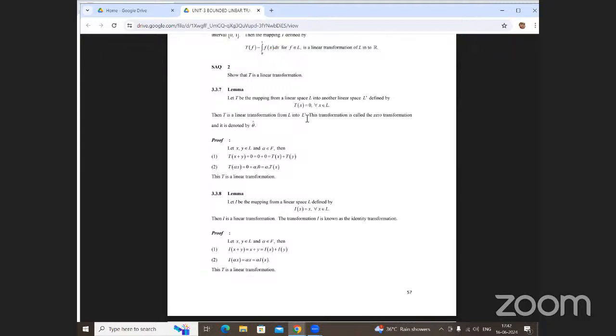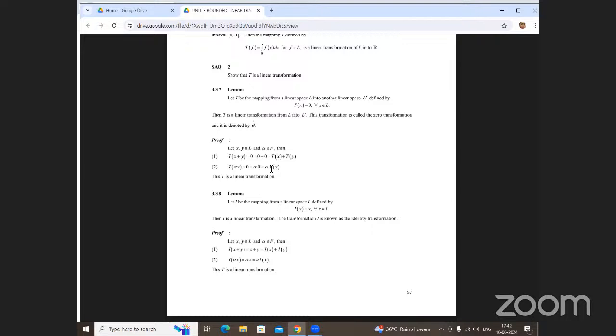So the zero transformation is also a linear transformation because, again, two values are there, T of x and T of y. T of x plus y is also 0. So 0 can also be written as 0 plus 0, so that is T of x plus T of y. And again, T of alpha x equals alpha into T of x. Okay, T of x is 0, so that is alpha into T of x.